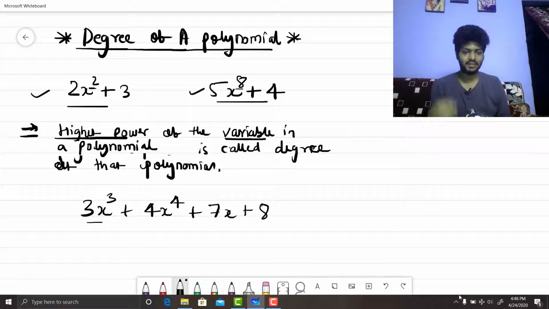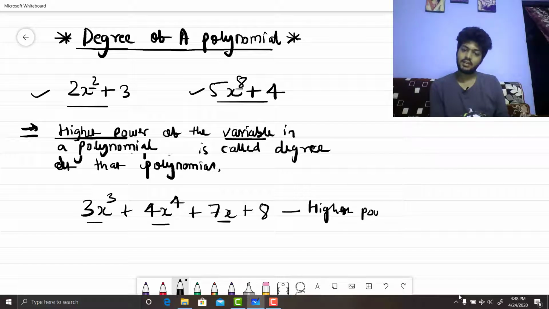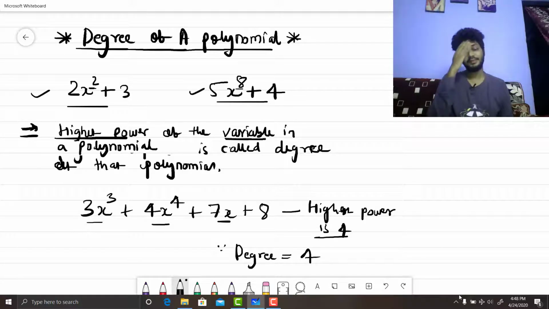Here we have power 3, here power 4, here power 1. So what is the highest power? Highest power is 4. Therefore degree is 4. All clear? So let's take a couple more examples.